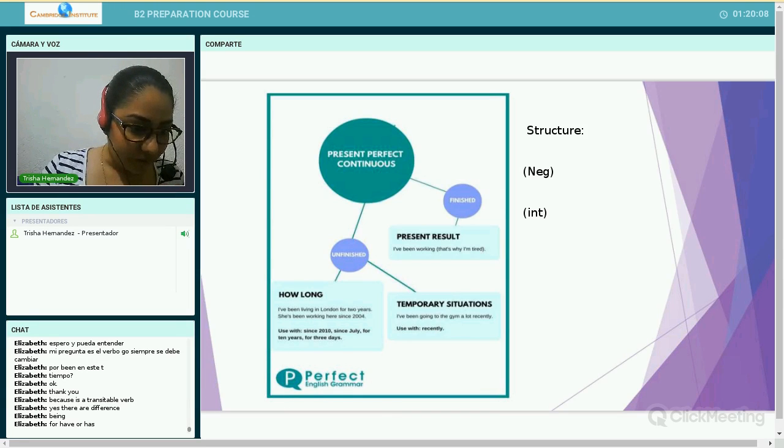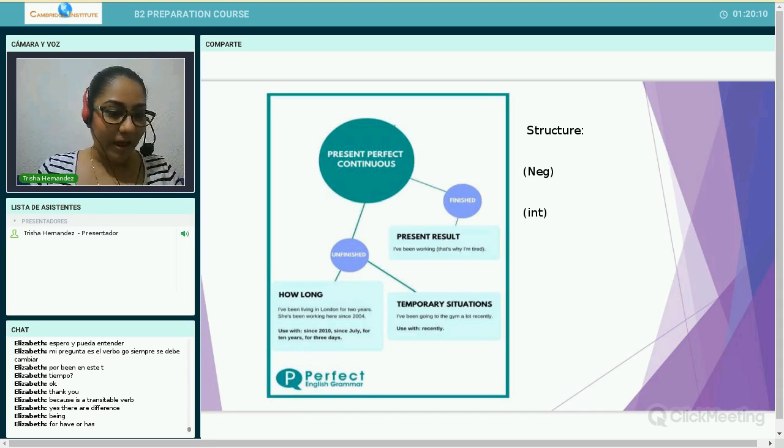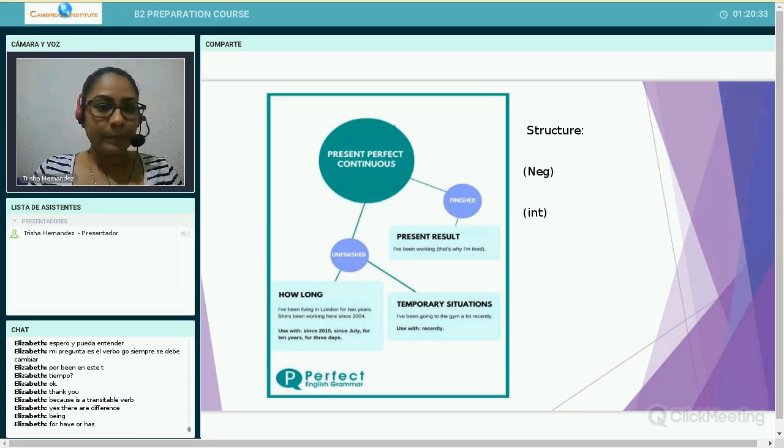Oh. Yes, there are different for have or has. Being? Are you sure it's being? Elizabeth? Instead of have or has, we have another auxiliary verb, so to say. Okay.